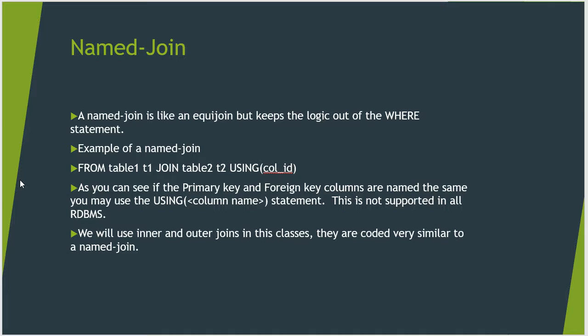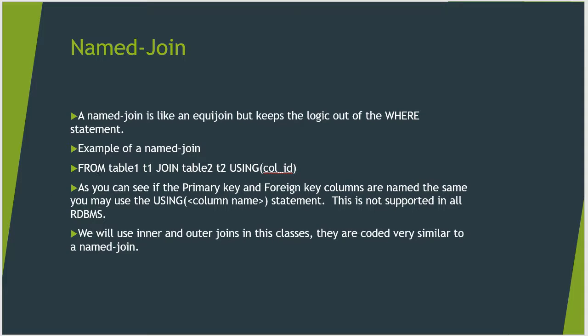A name join is similar to the natural join, except with it, you specify the column to join on instead of it auto selecting every column between two tables with similar names. Here is an example.